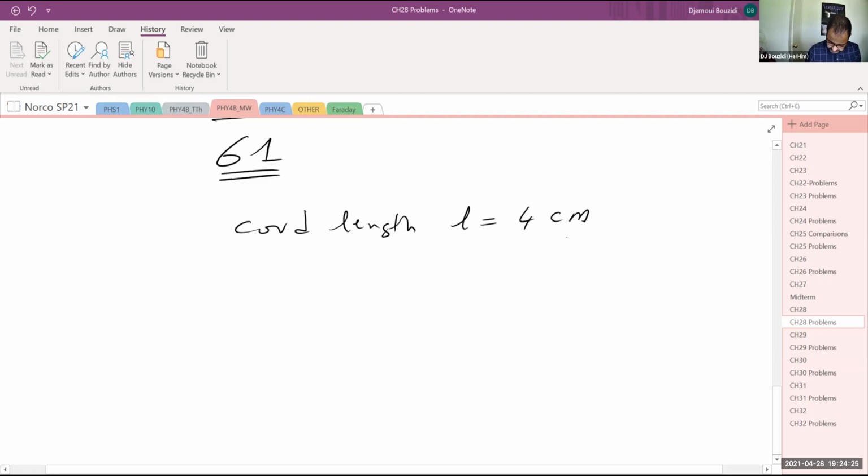From a common axis, the wires have a mass per unit length of this much. So the wires, not the cord, the wires, mass per unit length.